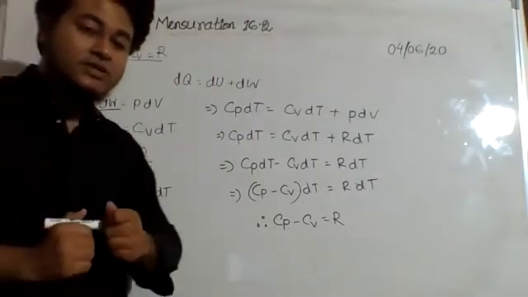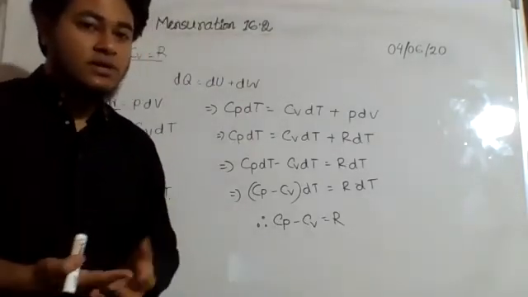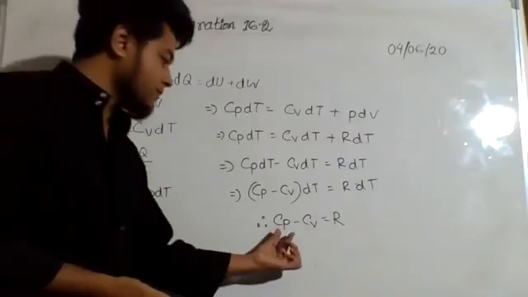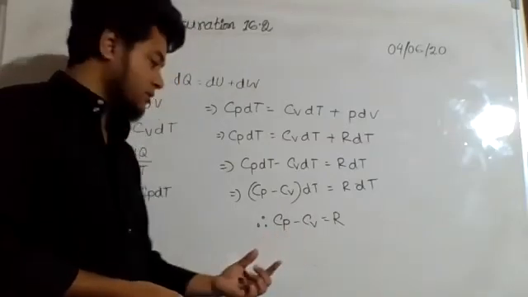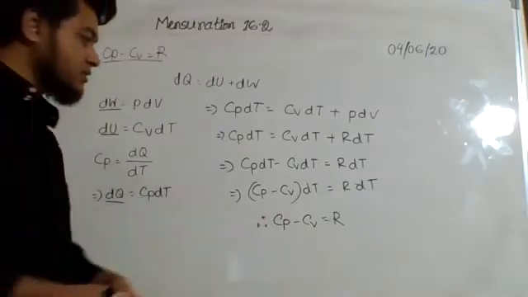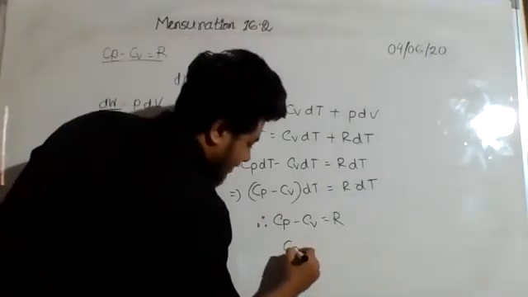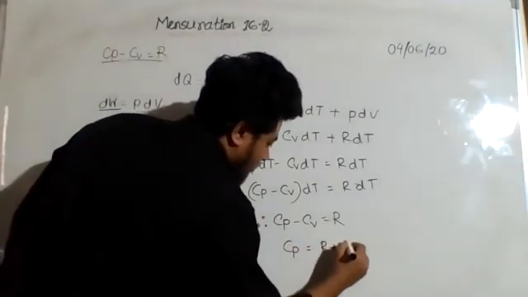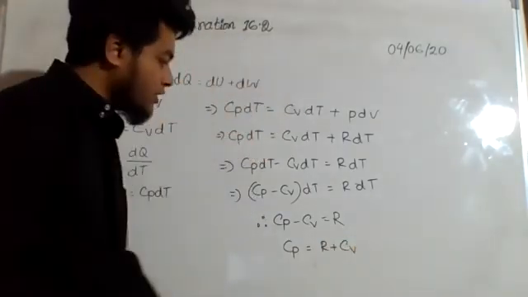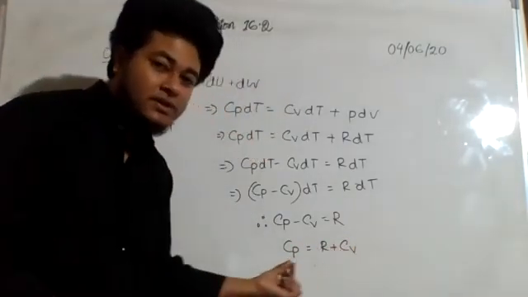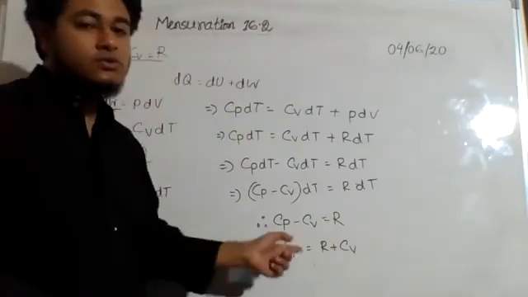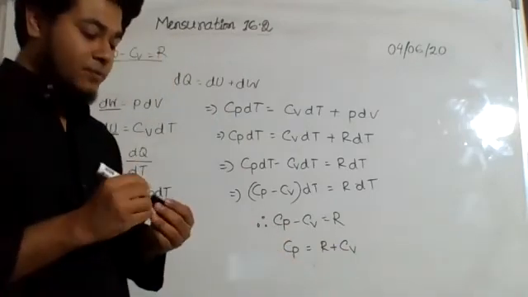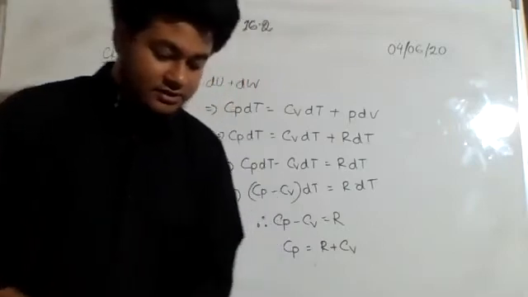We know that the universal gas constant is a positive thing, not a negative thing, right? So that also shows that Cp is greater. Also, we can rewrite the equation as Cp is equal to R plus Cv. So when you add something to Cv, then only you get Cp. So this also shows that Cp is greater than Cv. I hope this is clear. Anybody has any doubt?